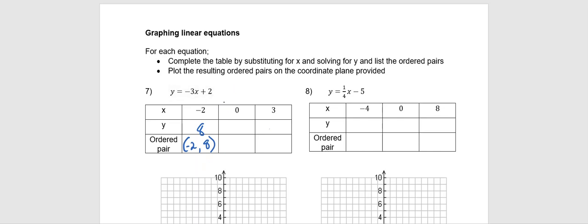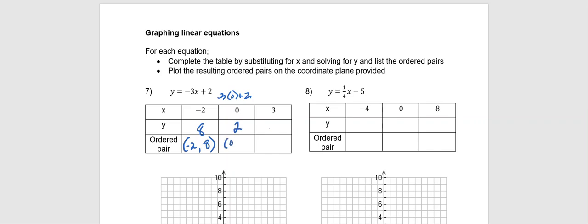Let's do it with the next value. The next value is for x equals 0. So here we would simply do, and I'll actually show you the work on this right up above where I have a little bit of space, -3 times 0, because that's my x value, plus 2. We know -3 times 0 is 0, plus 2 is +2.